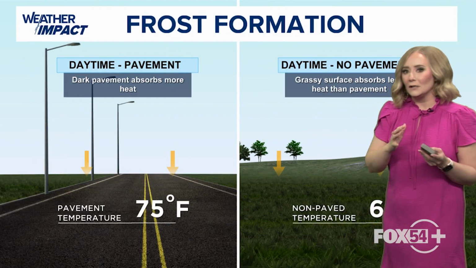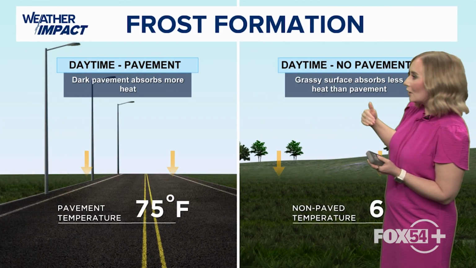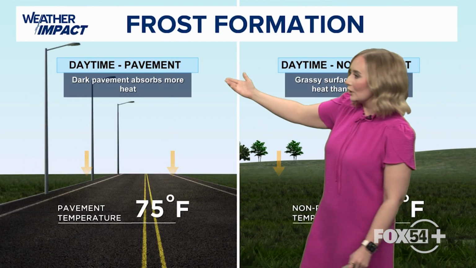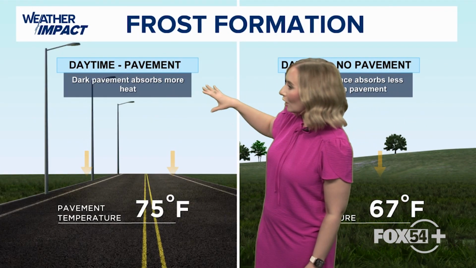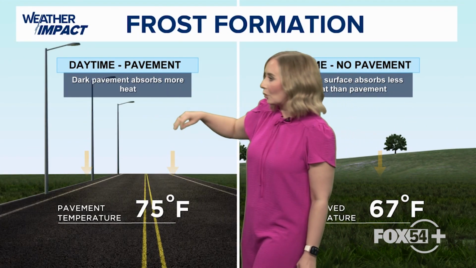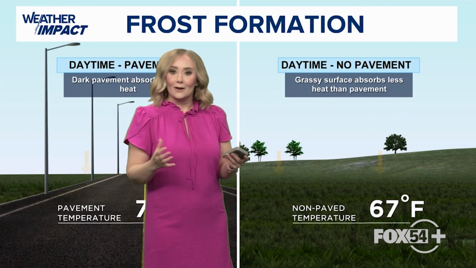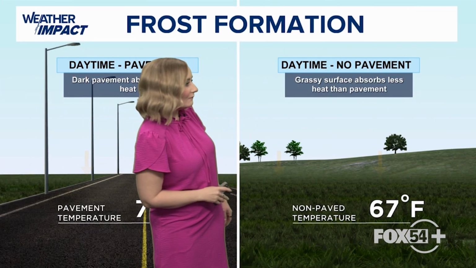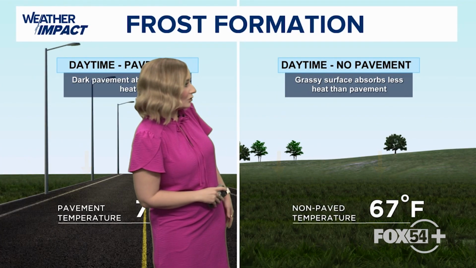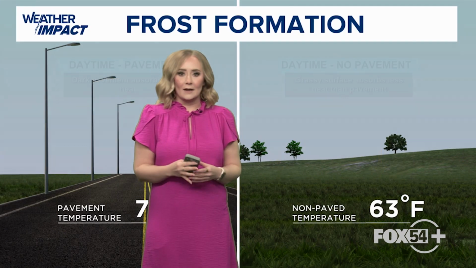So what's the difference in it being on the pavement versus the grass? During the daytime, the dark pavement is going to absorb more heat, whereas the grassy surface, no pavement involved, is going to absorb less heat than the pavement.